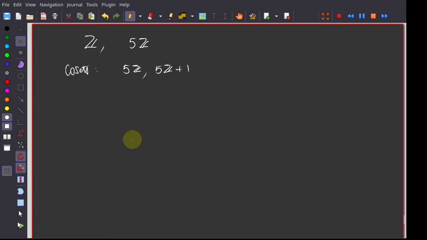We're trying to find cosets over here. Yes. So 5Z is always going to be a coset. It is a subgroup, right? So in this case, I have one subgroup. What about 5Z plus 1? Is it a subgroup? Why?